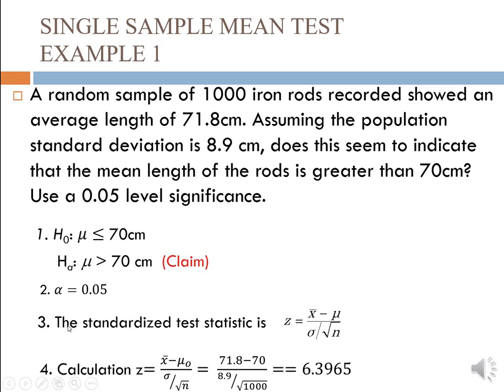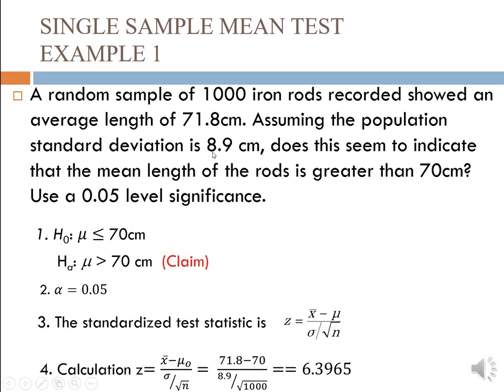Step 3 is to decide the test statistic. And like we said, in a question you have to ask yourself, has the population standard deviation or population variance been provided? So let's go back to the question and check. It says a random sample of 1,000 iron rods recorded showed an average length of 71.8.